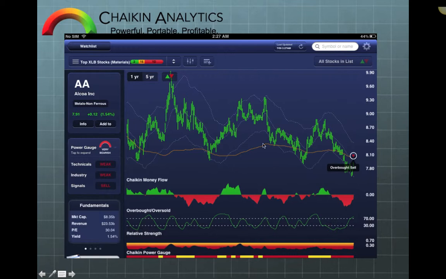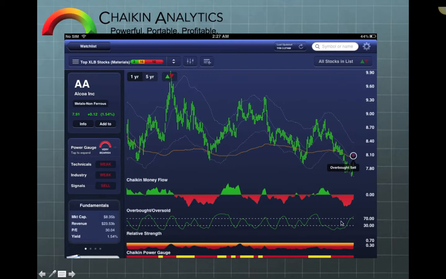It bounces up and down in a very predictable trading range of about 90 cents here. And you can see that this oscillator spent some time getting oversold as price corrected down, and then as price bounced back up toward this orange line, you can see the oscillator moved into what is called overbought territory.